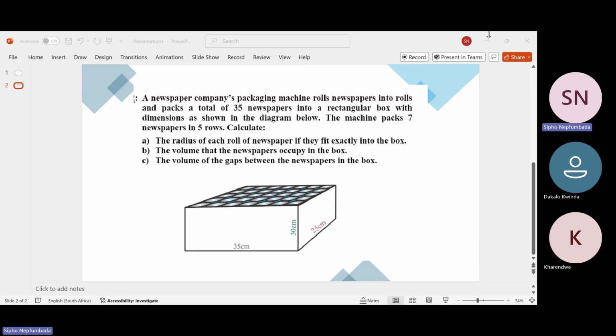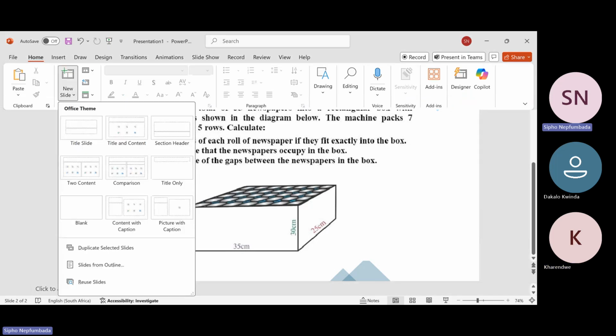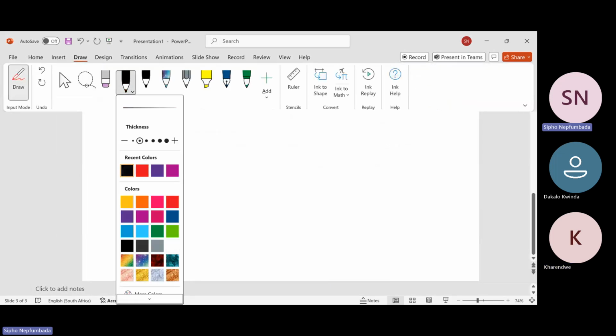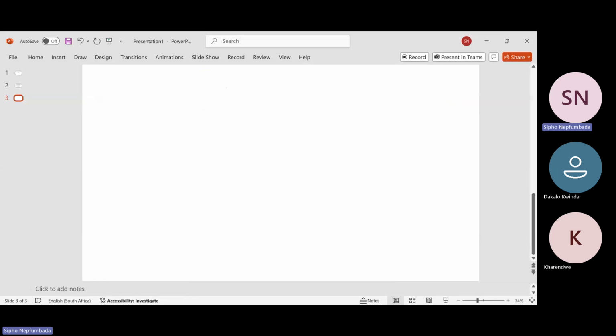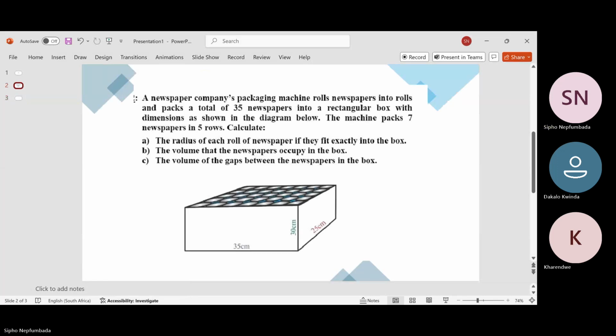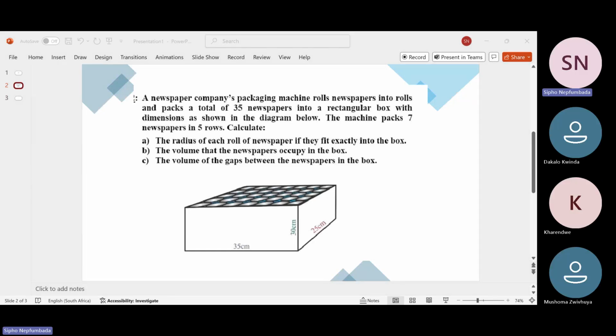Okay, so we're going to calculate the radius of each newspaper if they fit. The box is 35 centimeters and holds 7 newspapers in each row.